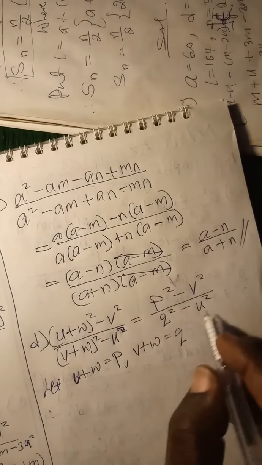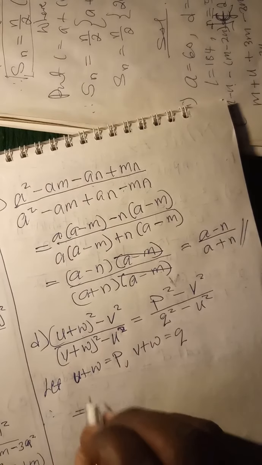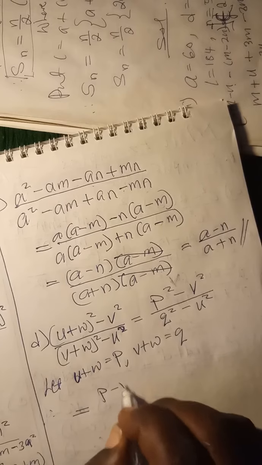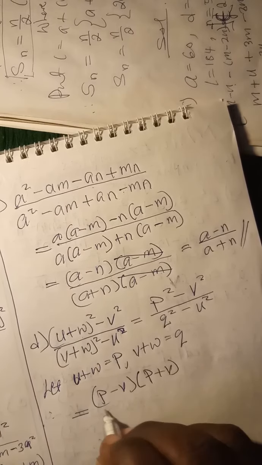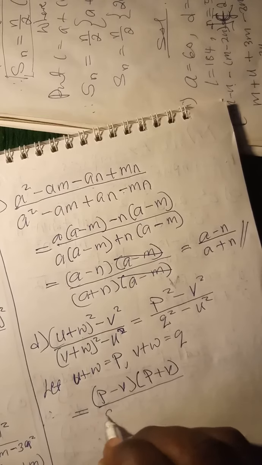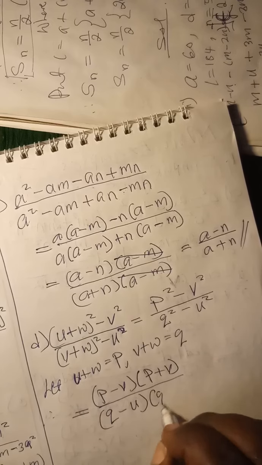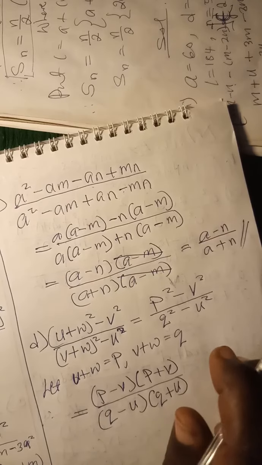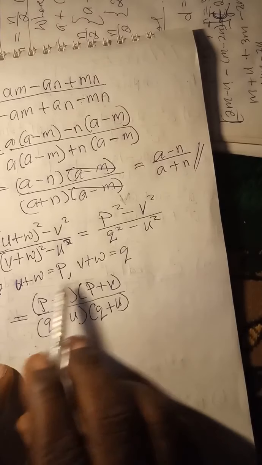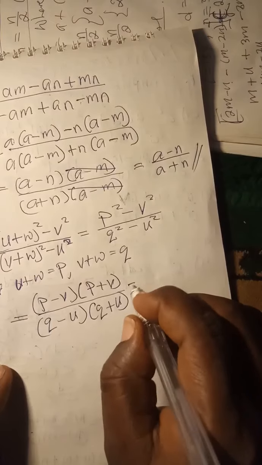I can factorize this now to give me p minus v bracket p plus v over q minus u bracket q plus u. See that? Now I have factorized it. All I need to do now is to substitute those things back into this, p as this, q as this.